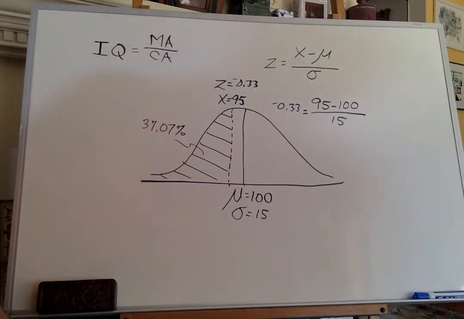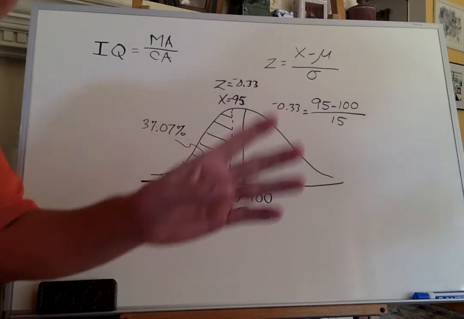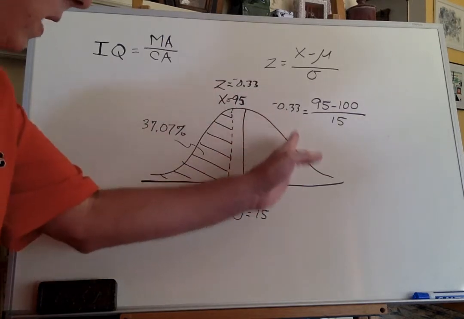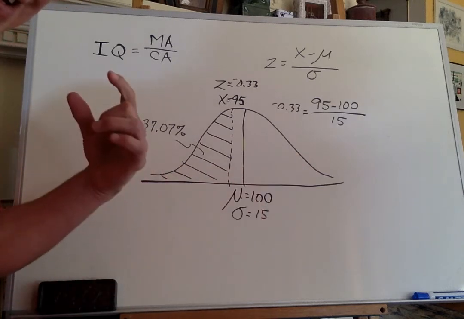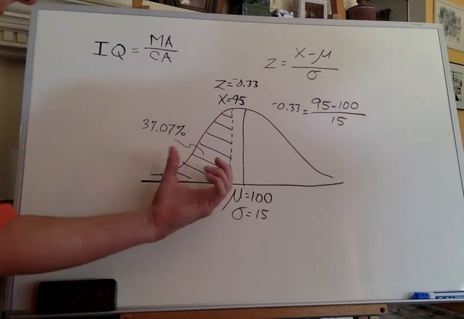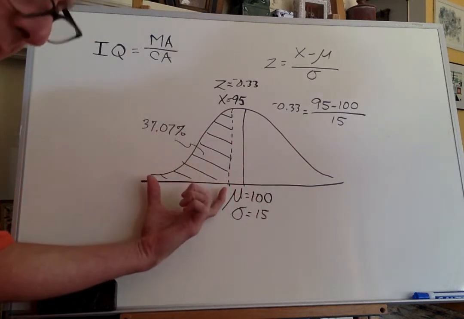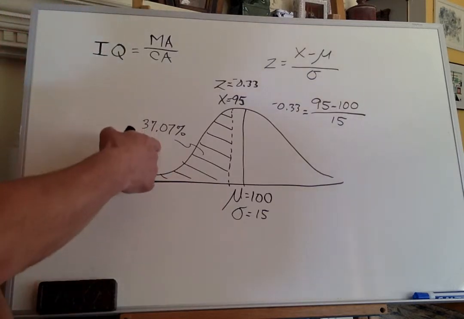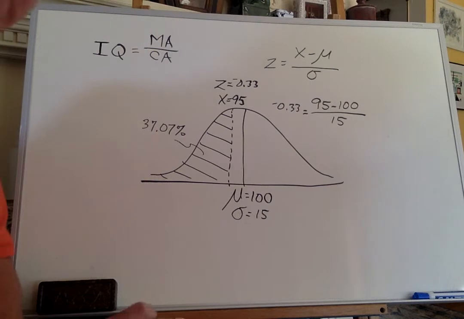Which makes sense compared to what we did before, because this is only 5 points away from the mean. When we were at 120, we were 20 points away from the mean, so the tail here is going to be larger. Just double check, 37.07. So that's the percentage of people in the general population who have an IQ below 95.